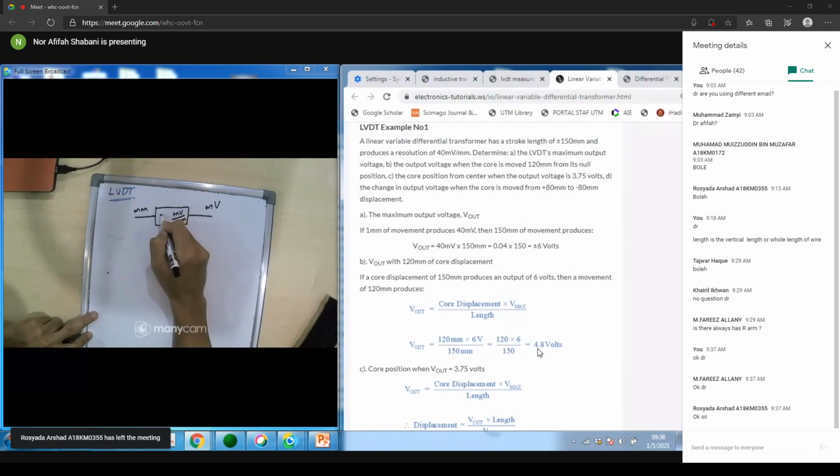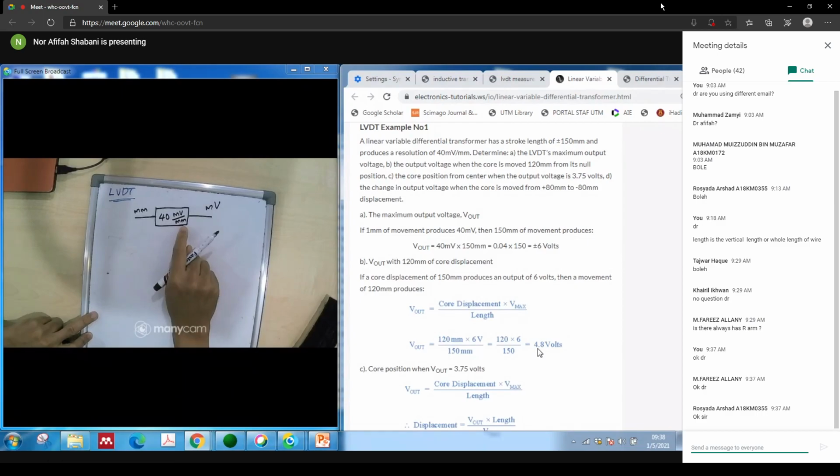For example, here it is 40 millivolt per millimeter. A linear variable differential transformer has a stroke length of plus minus 150 millimeter, and it produces a resolution of 40 millivolt per millimeter.